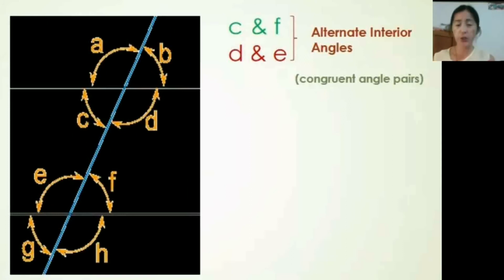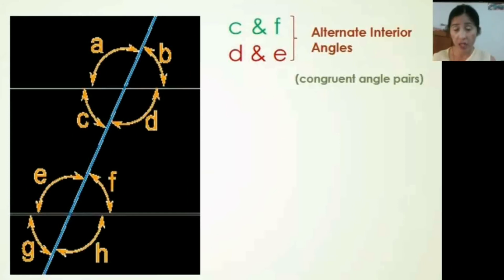Alternate. You know the meaning of alternate, right? When one is on the left, the other is on the right, right? And then interior because they are inside the parallel lines. Do you see them? C and D are between these two parallel lines.